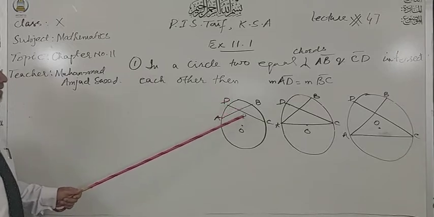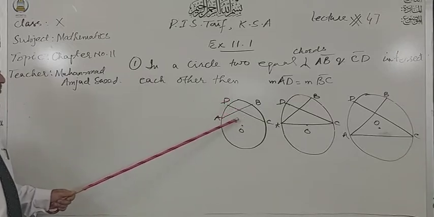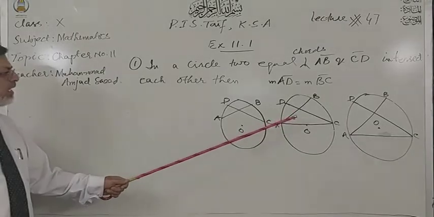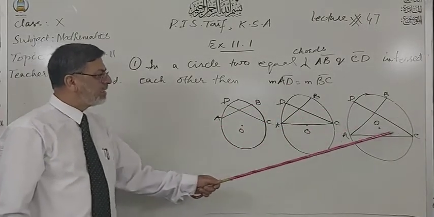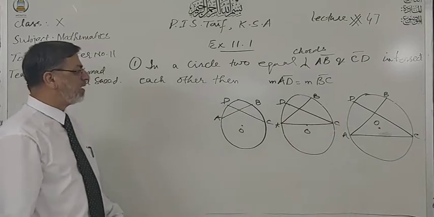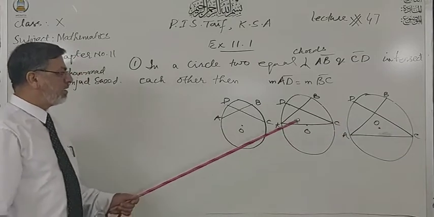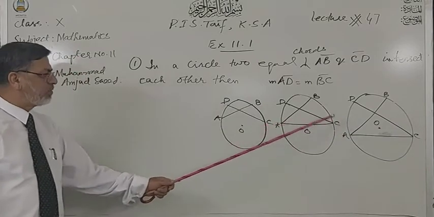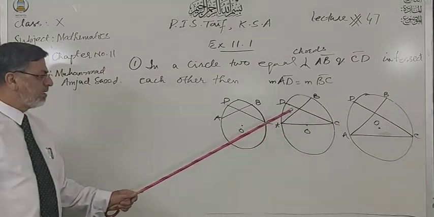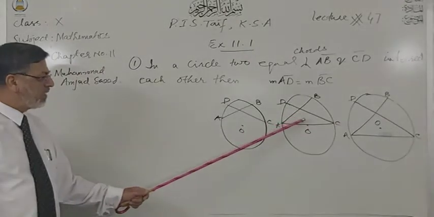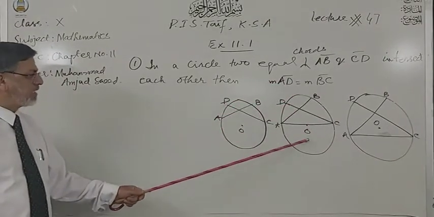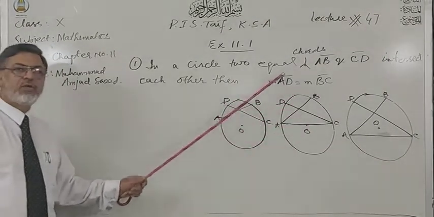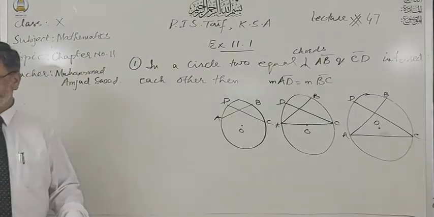Maybe they are in less than semicircle portion, equal to semicircle portion, or greater than semicircle portion. Semicircle portion means the diameter passing through the center. This divides the circle into two half circles, and half circle is also known as semicircle.